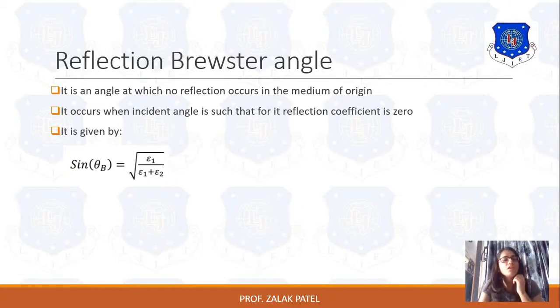So basically it is given by sin theta b equal to the square root of epsilon 1 upon epsilon 1 plus epsilon 2.